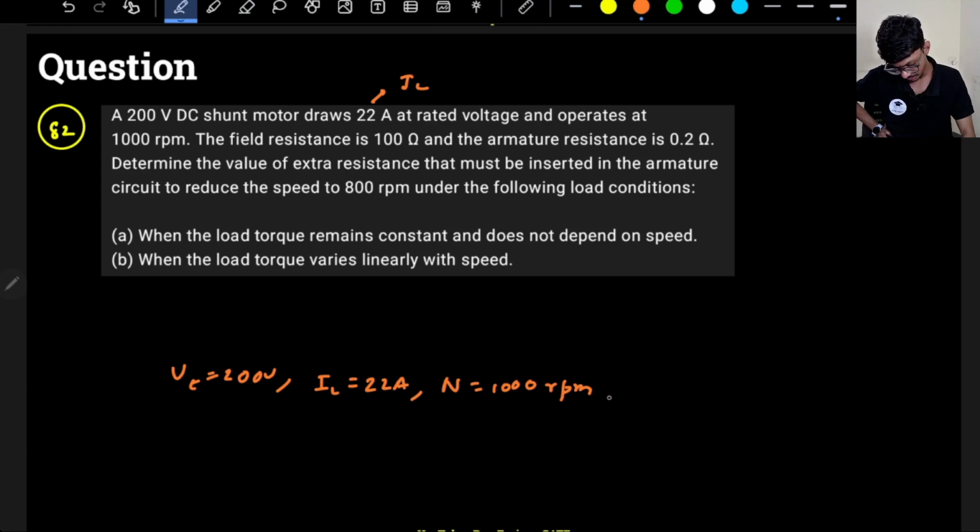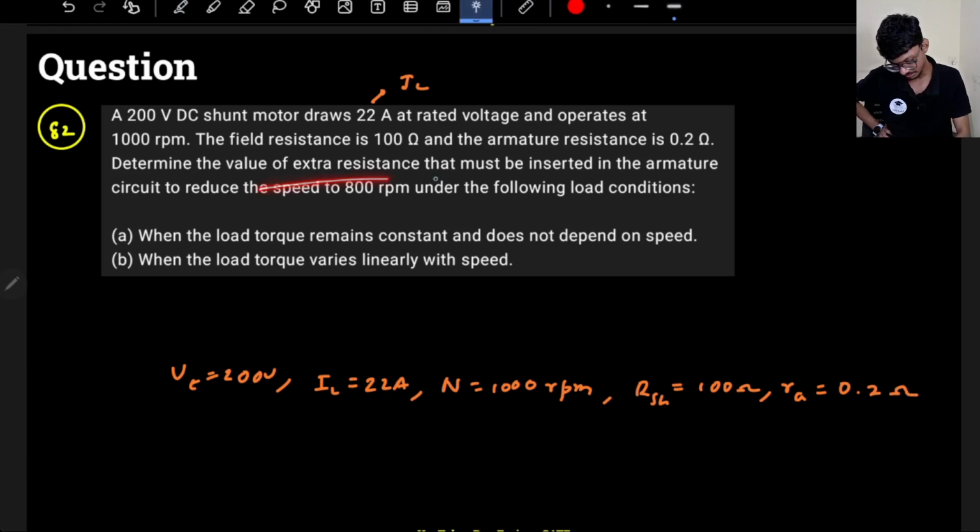The field resistance Rf or RSH is 100 ohms. The armature resistance Ra is 0.2 ohms.